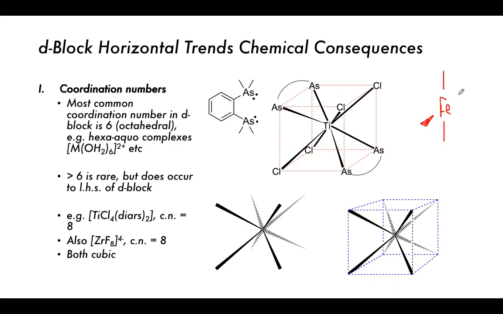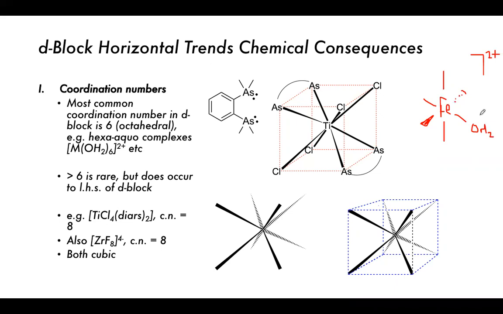It's going to be coordinated in an octahedral fashion to 6 waters, one on the end of each of these lines, with the oxygen from the water pointing towards the metal. And most likely it's iron 2+ or iron 3+. Those are the most common oxidation states of iron.